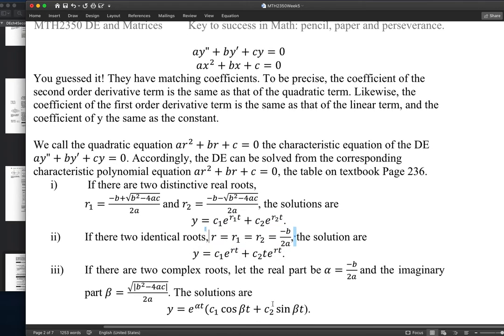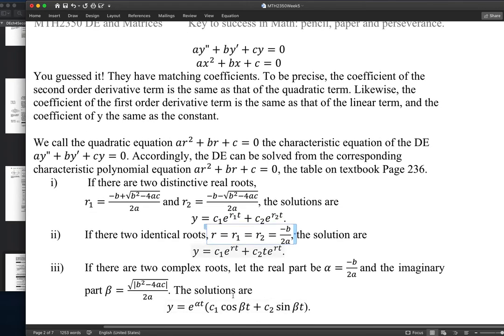And one more case. A quadratic equation may have two complex roots. If that is the case, they are the complex roots from the same quadratic formula, and you want to identify the real part and the imaginary part. As I mentioned, the real part has no issue at all.